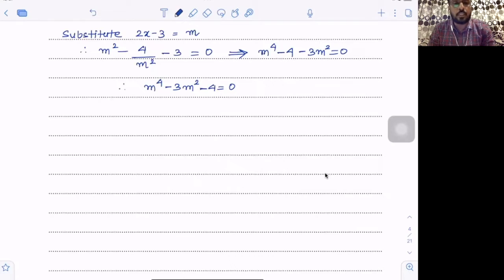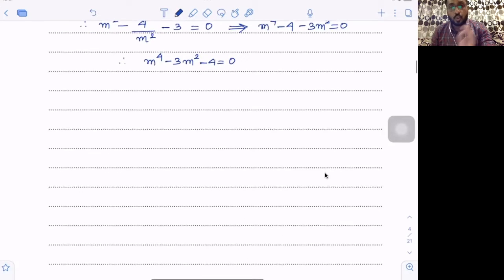Now, students, again, what I'm going to do, I'm going to substitute m square. Let's substitute m square as u again for some time. So the first term was m raised to 4. So it's like m square multiplied with m square.